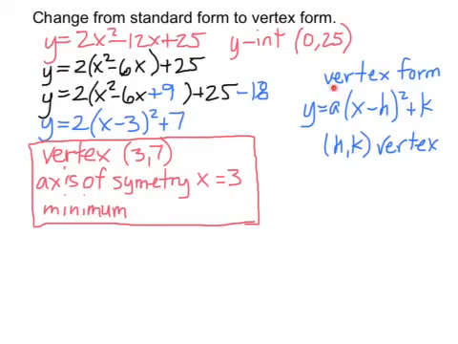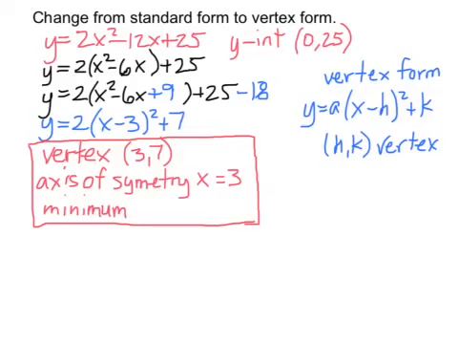The vertex form, of course, is y equals a times, in parentheses, x minus h squared, plus k. If we can put it into the vertex form, we can pick out the numbers sitting where the h and the k are, and that's going to be my vertex.